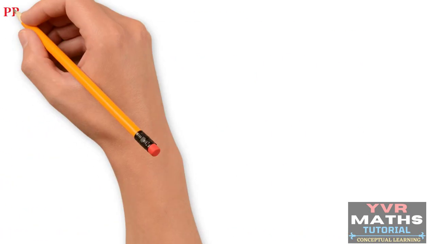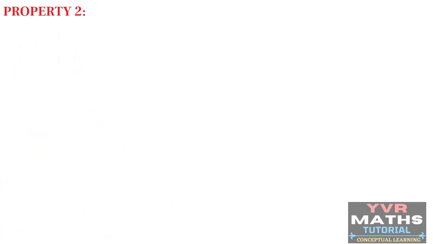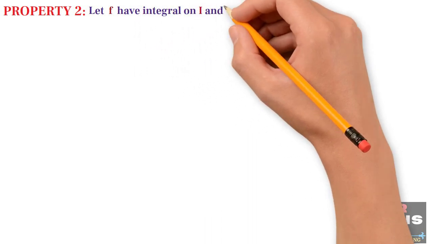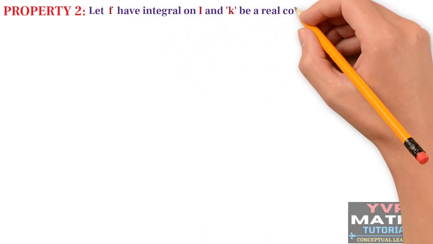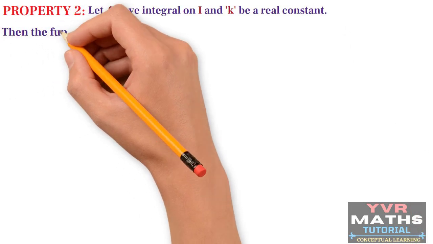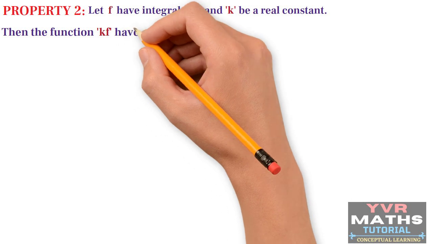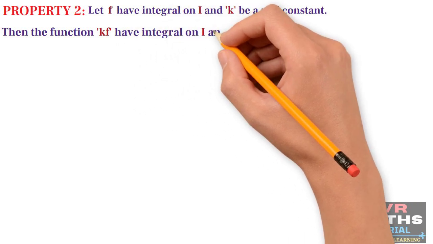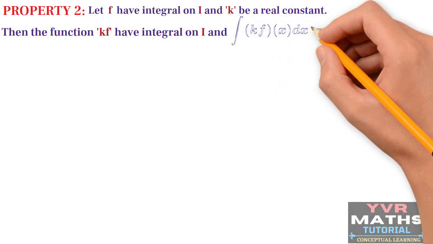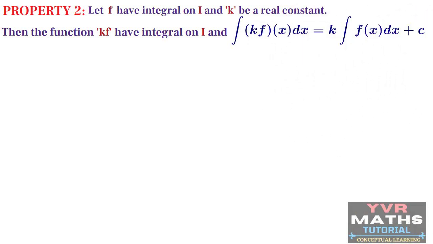Let us take the second property. Let small f have an integral on the interval I and small k be a real constant. Then the function kf has an integral on the same interval I and integral kf of x with respect to x is equal to k into integral f with respect to x plus c.